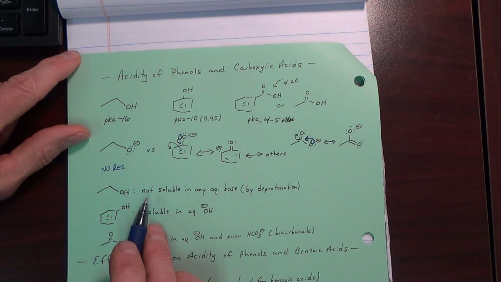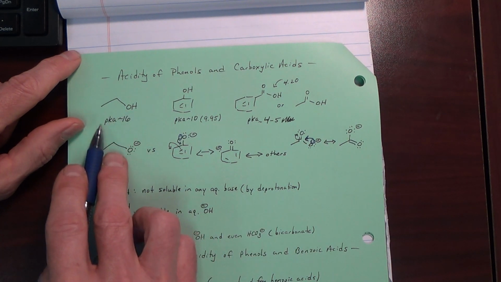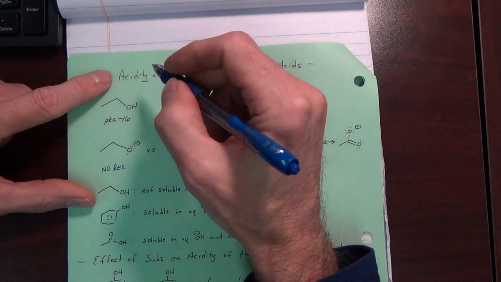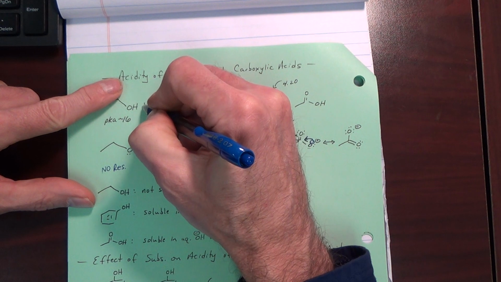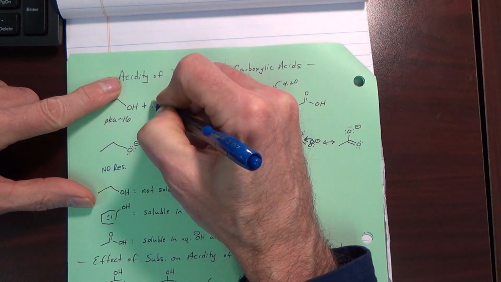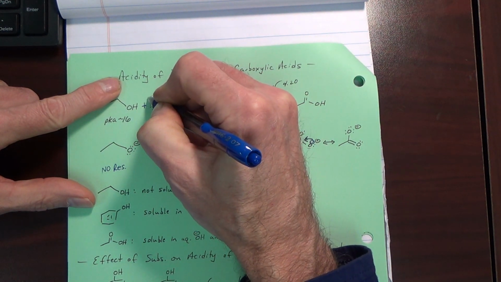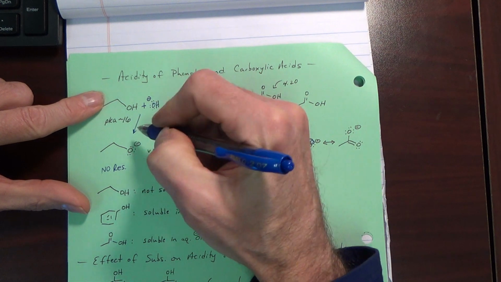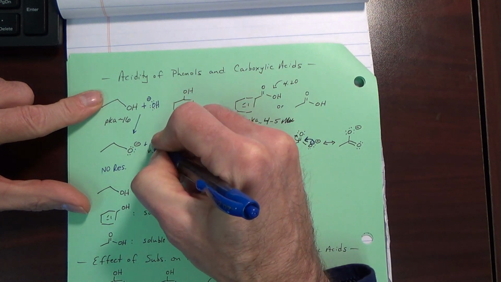All right, you should know that based upon pKa of 16. And I will illustrate that as a review. If we react this with hydroxide, which is the strongest base you can have under aqueous conditions, I'm not going to show a mechanism here, but that would give this plus water.